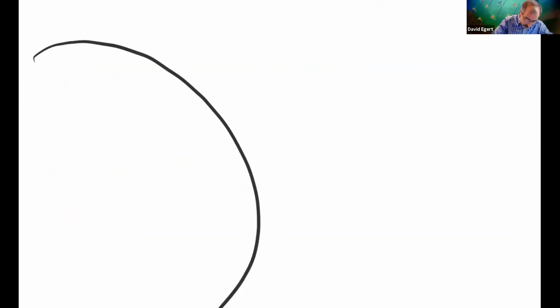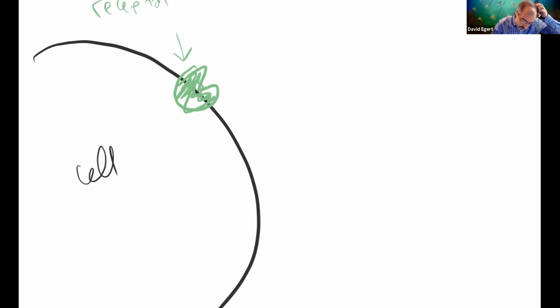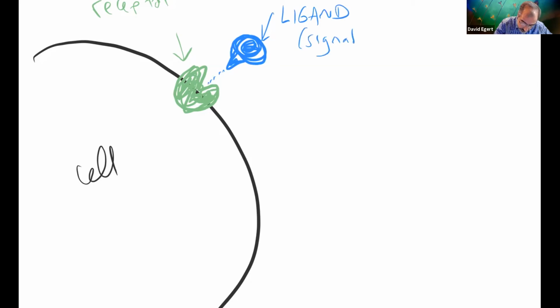So here's my cell. Here's some receptor protein. And then there's always going to be some kind of a ligand that binds to the receptor, basically a signaling molecule.